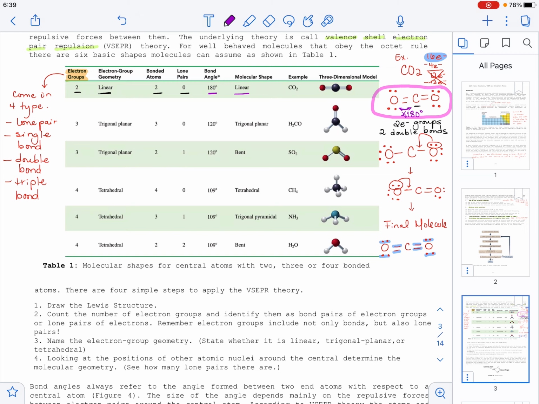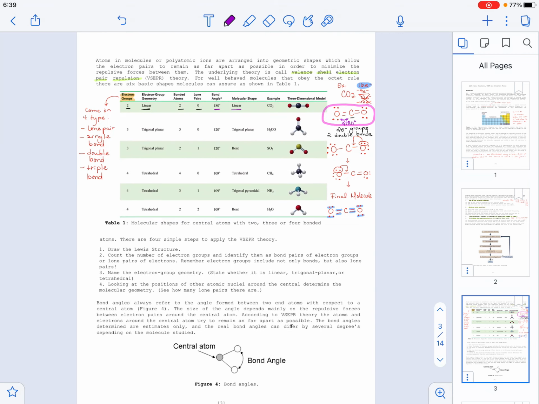Okay, and as you can see, that's how we determine the electron group geometry, bond angle, and molecular shape for this particular molecule. It is important that you have the correct Lewis structure in order to designate the electron groups, and then after that you will be determining the electron group geometry and the bonded atoms, in order to determine the bond angle and the molecular shape for different molecules. So make sure that you practice the Lewis structures that are in the lab specifically.